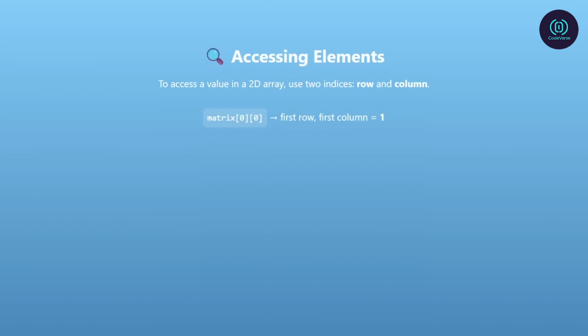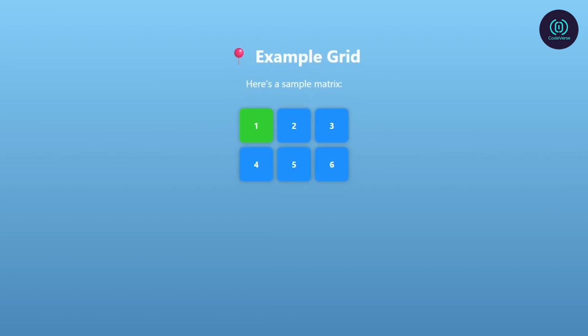Now let's see how to access individual elements in a 2D array. Each value in the array is located by using 2 indices, one for the row, and one for the column. For example, in this array, int matrix[2][3] = {{1, 2, 3}, {4, 5, 6}}.